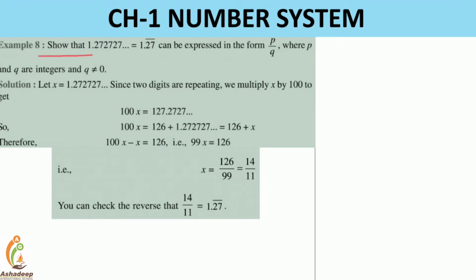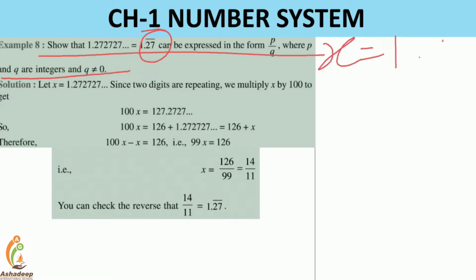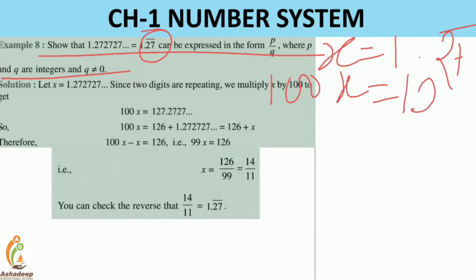Show that this can be expressed in the form of p by q, where q is not equal to 0. Here how many numbers are repeated? Two numbers are repeated, so multiply by 100. See, x equals 1.27 bar. So multiply by 100: 100x equals 127.27 bar.